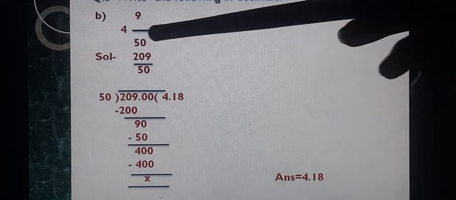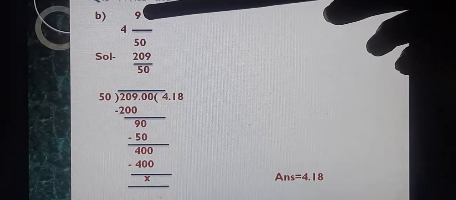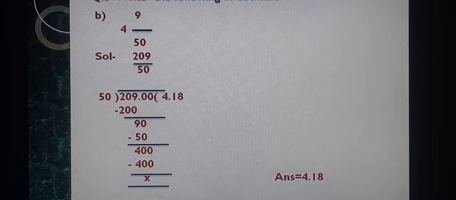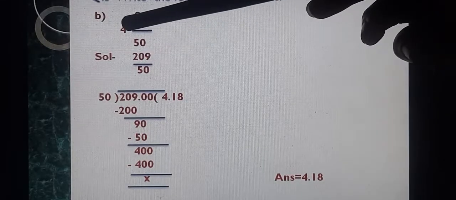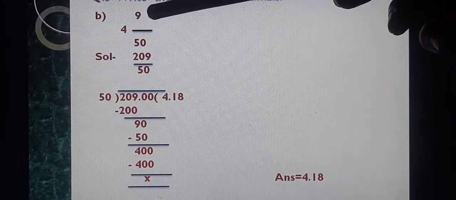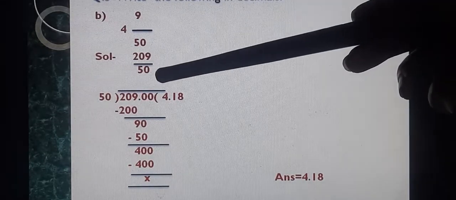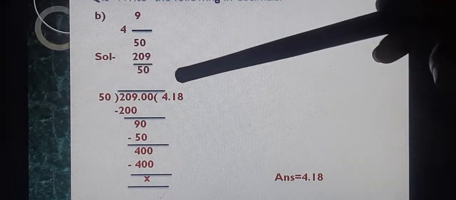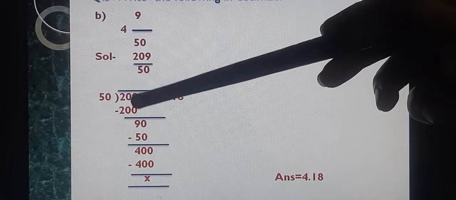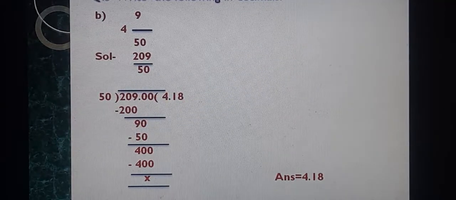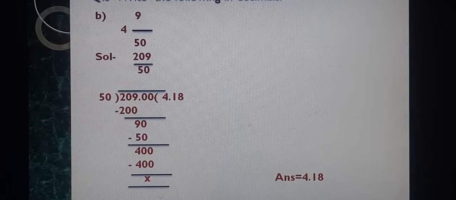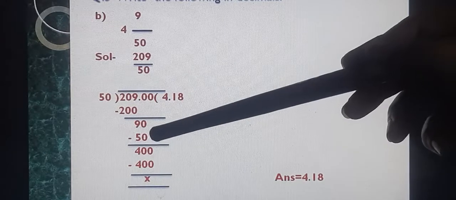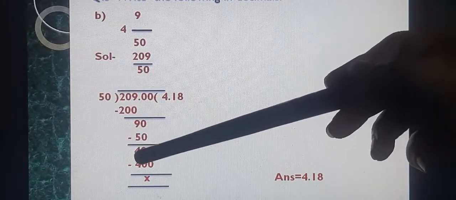Now question number 5, part B, we will do 4 whole 9 upon 50. Now it is in mixed fraction form. So first of all we will change it into improper. 50 fours are 200. 200 plus 9, 209. So it will become 209 upon 50. So 209 divided by 50. 50 fours are 200. 9 minus 0, 9. 9 is left. So we will put decimal and we will consider 0. So now it is 90. 50 ones are 50. 90 minus 50, 40.